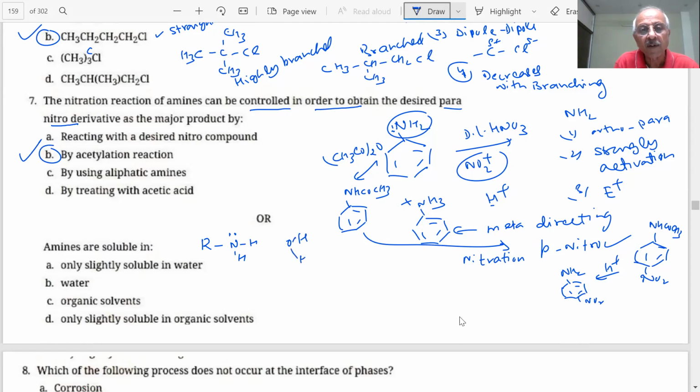If I have water, this is negative, this is positive. So they can form hydrogen bonds, student, as you can see, with water. The more the H, more the hydrogen bonding. Therefore, they will become soluble in water. They are soluble in water, student. The answer will be amines are soluble in water, not slightly soluble in organic solvent. Yes, they are soluble in water is the correct answer.